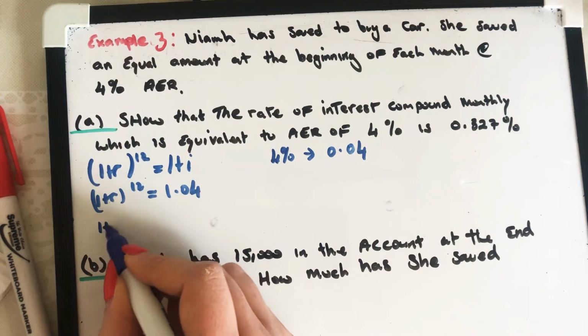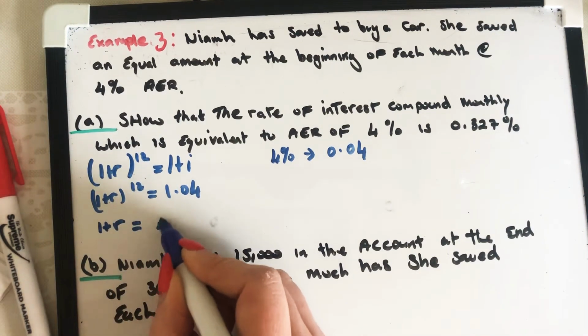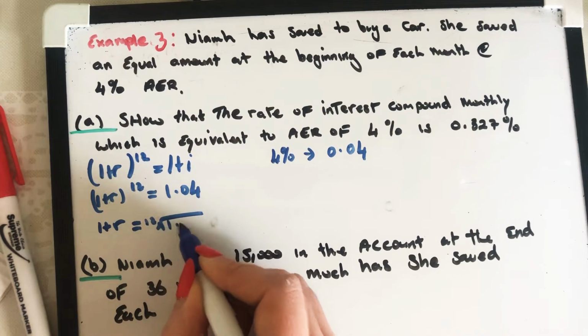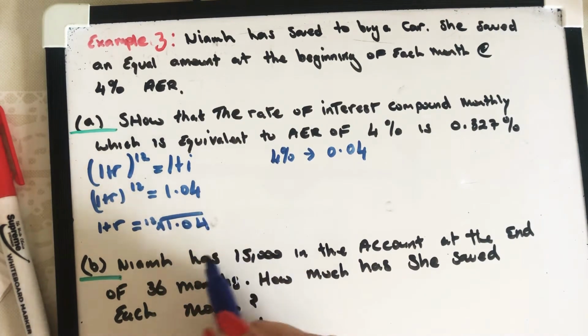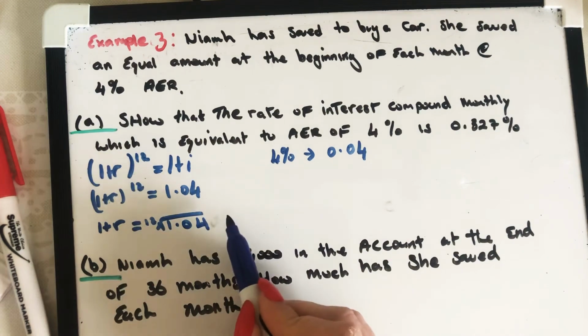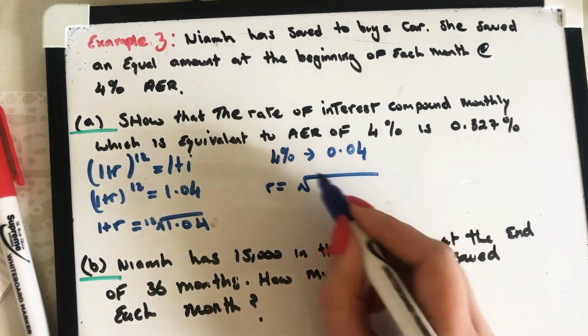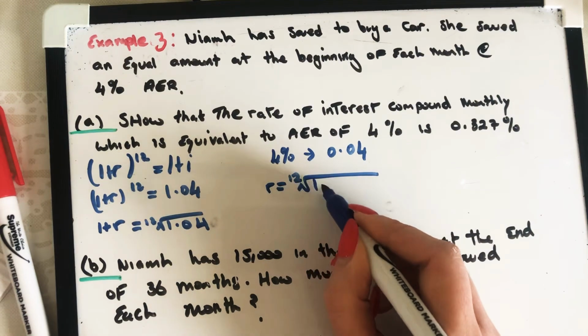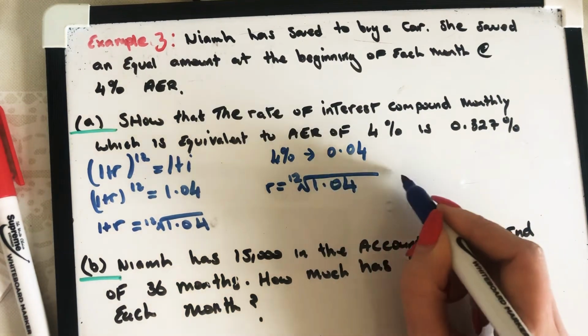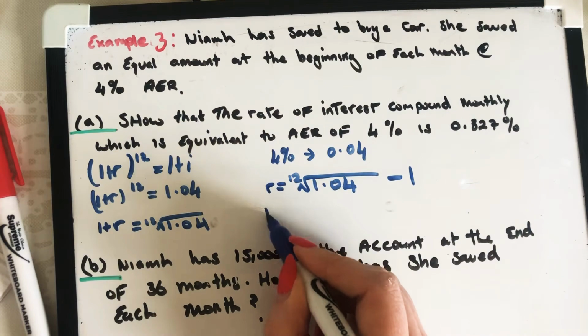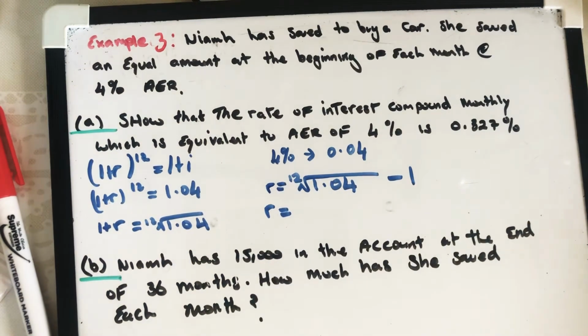So 1 + R is equal to the 12th root of 1.04. And then let's bring over the 1 and make it a negative. So we have R is equal to the 12th root of 1.04 minus 1. So we'll put this in the calculator and we'll see what we get.